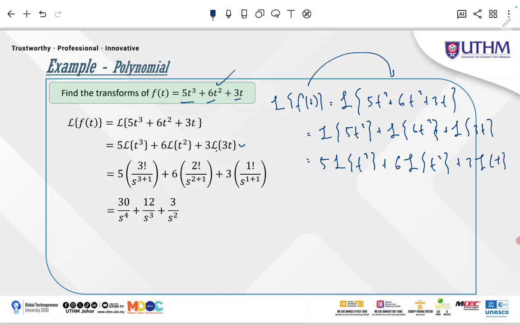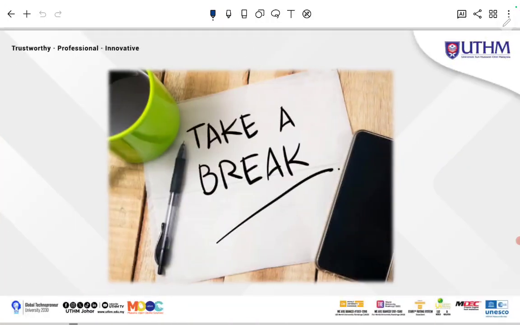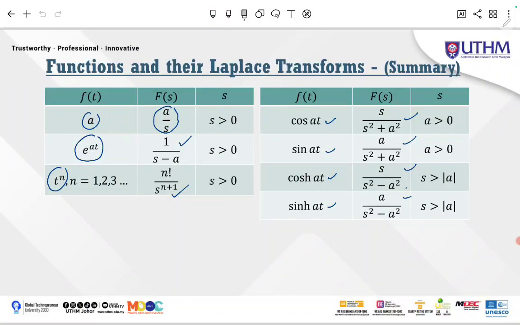Then we look back at the properties of the Laplace transform here. The Laplace transform of t to the power of n is n factorial over s to the power of n plus 1, which depends on the value of n.